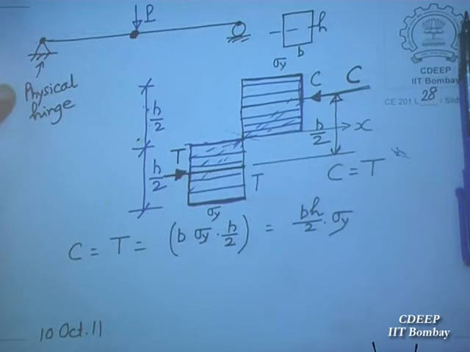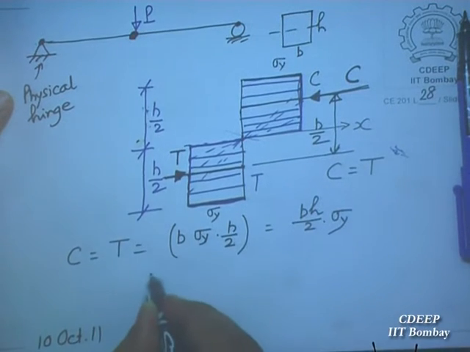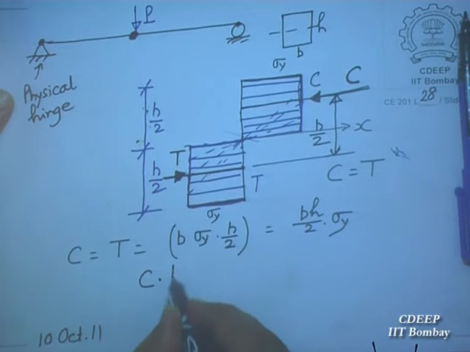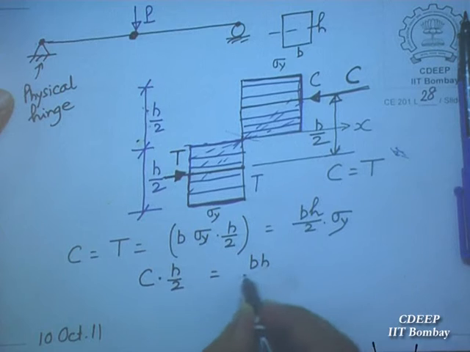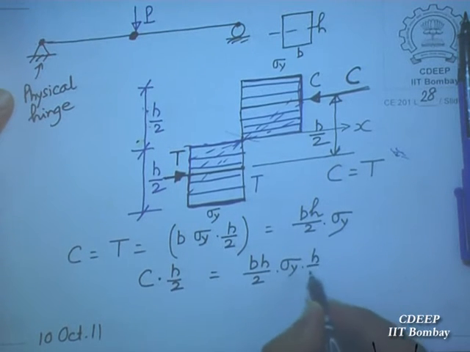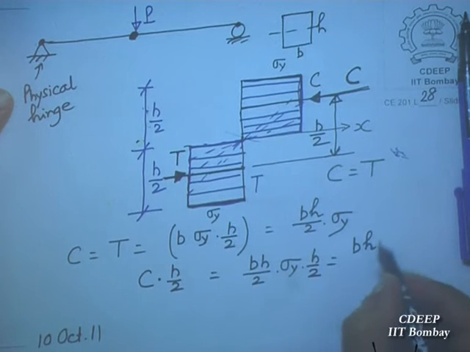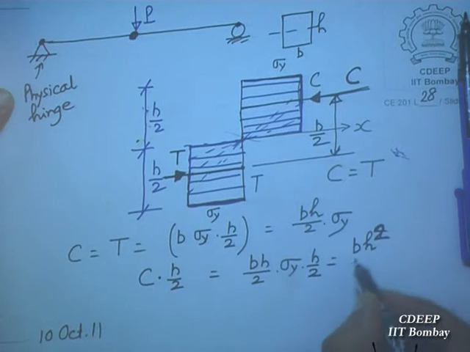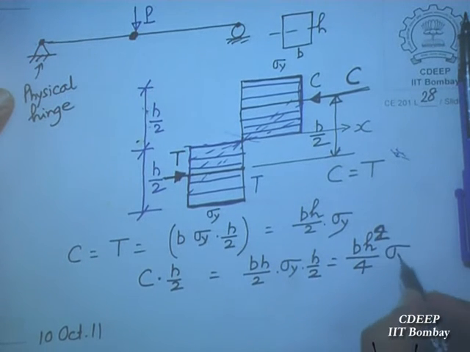Then what is this? Lever arm, C multiplied by H by 2. So BH by 2 into sigma y into H by 2. So what is BH square by 4? What is this value, by the way?